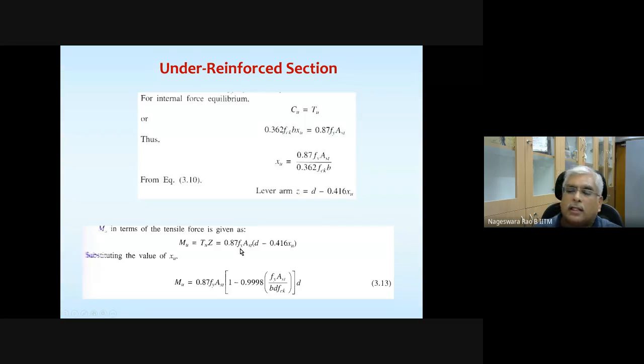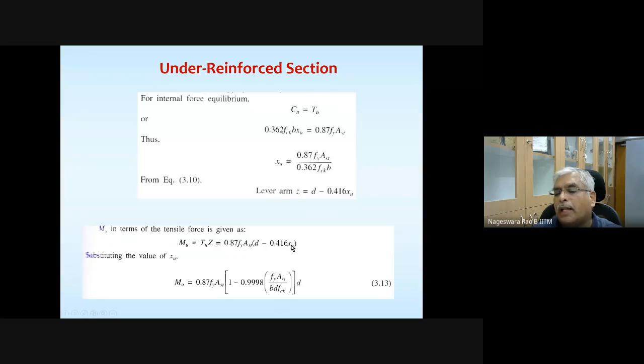And whatever grade of steel you plan to use, if that is decided, then you know what fy is. And if section dimensions are fixed, then you know what d is. And Xu is going to be obtained from this equation. Now substitute Xu here. So everything is known in this equation except the area of steel.